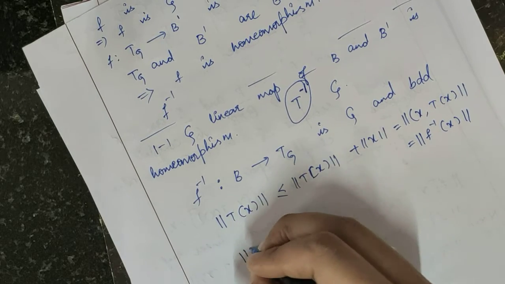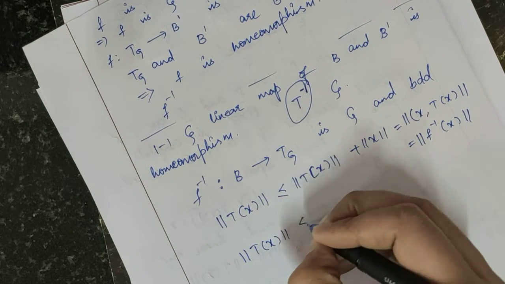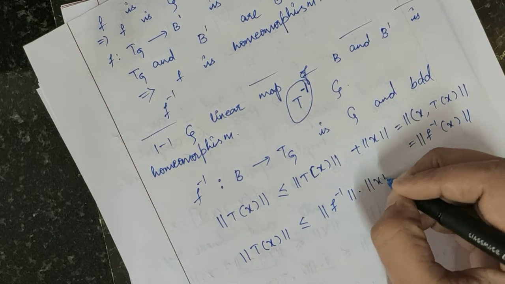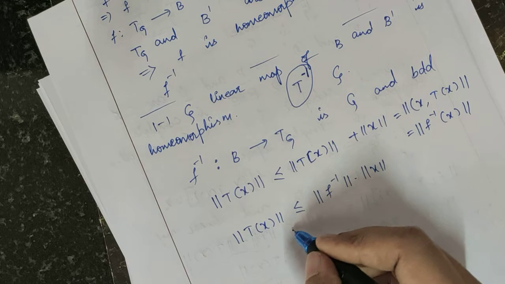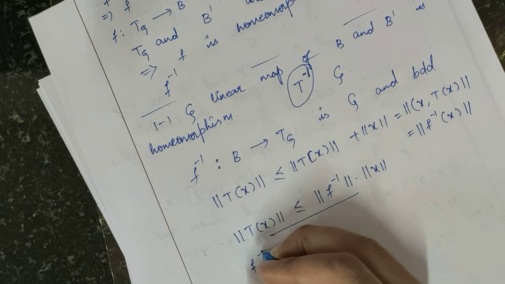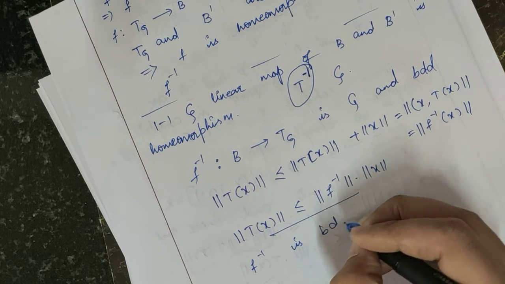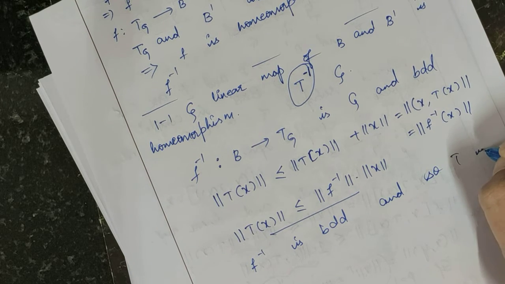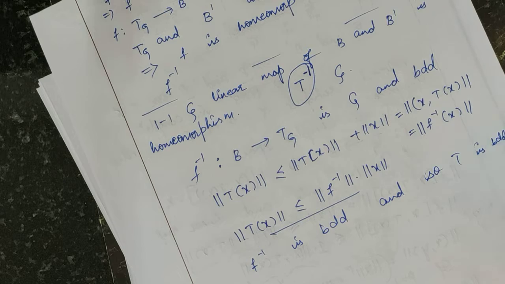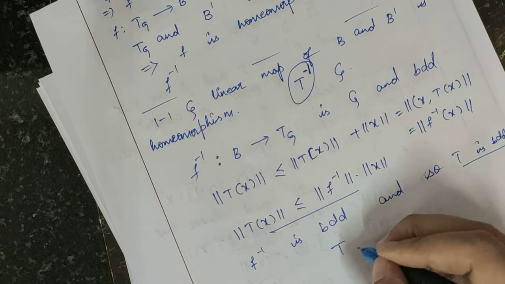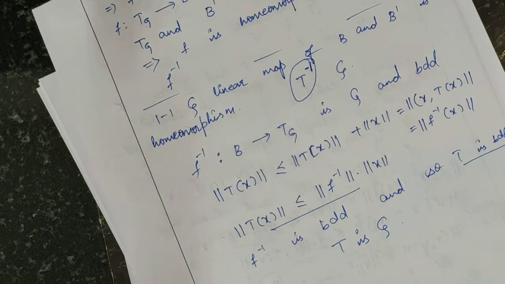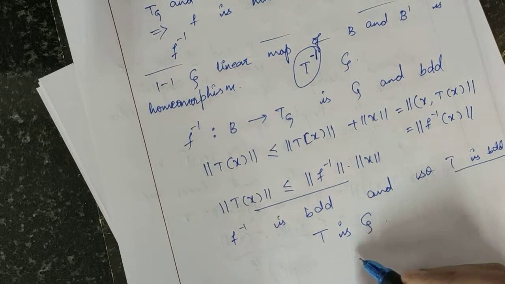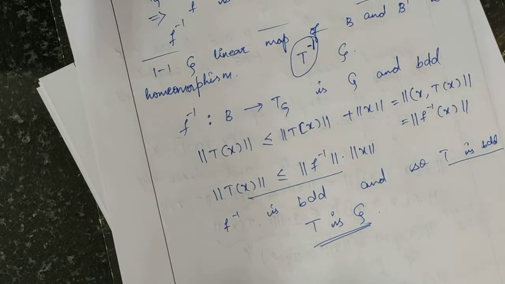That is norm T of x is less than or equal to norm f inverse into norm x. So from this you can say that f inverse is bounded, and so T is bounded. T is bounded means T is continuous. So we used the fact that Tg is closed. Using that I have proved that T is continuous.